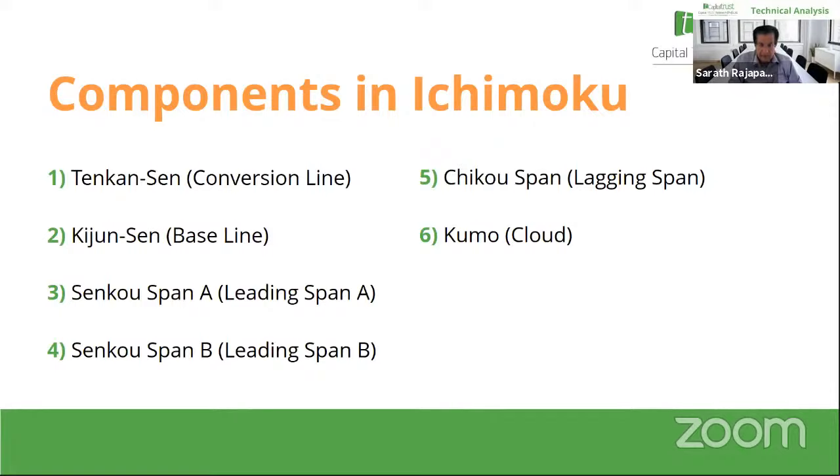Kumo means cloud in Japanese. And Chikou span is a support line, a lagging span. Leading span is what tells you in front, and lagging span is what tells you late, just to act as a support and a warning sort of.